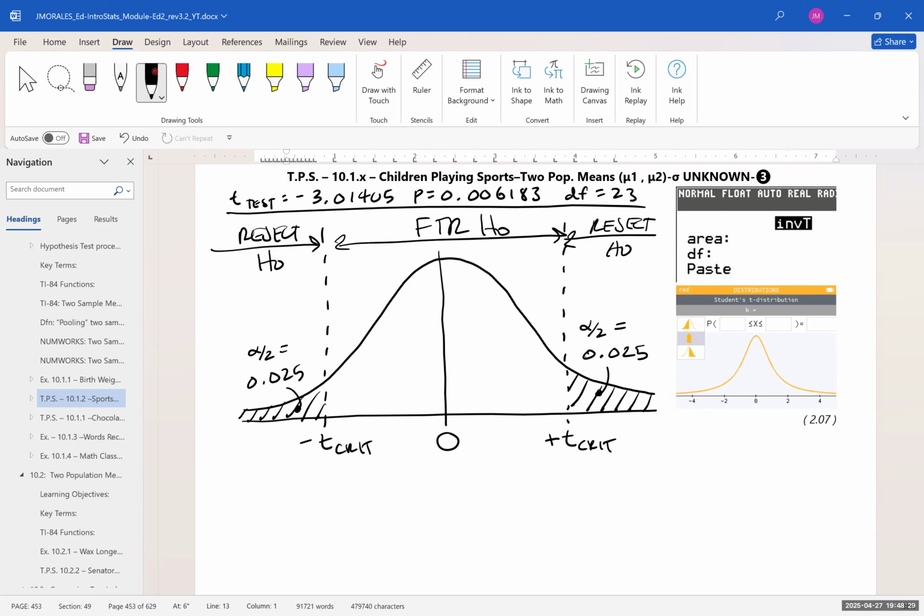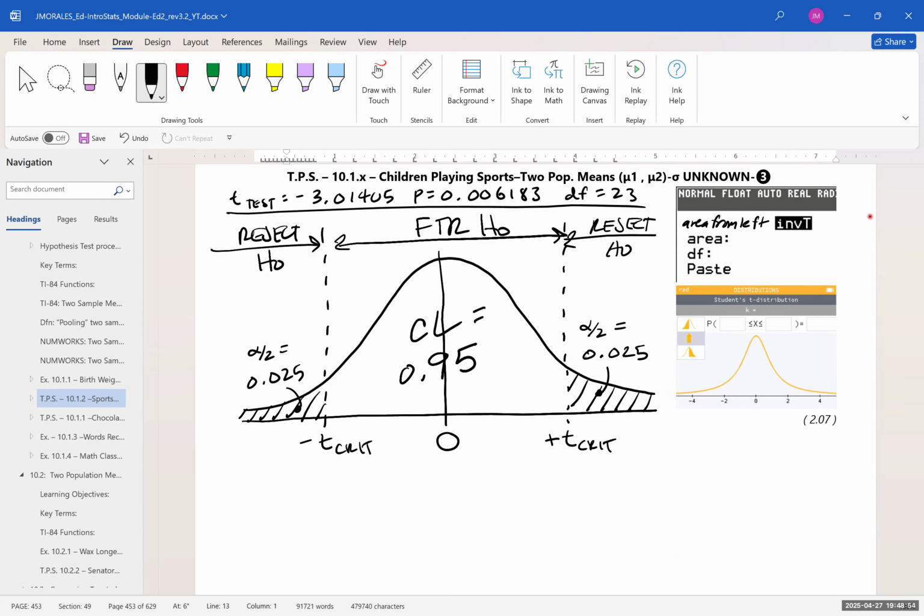All right, let's figure out what our critical values are. Let me put confidence level equals 0.95 here in the middle. So in order to use inverse t, remember inverse t calculates the area from the left, when you use the native function here.